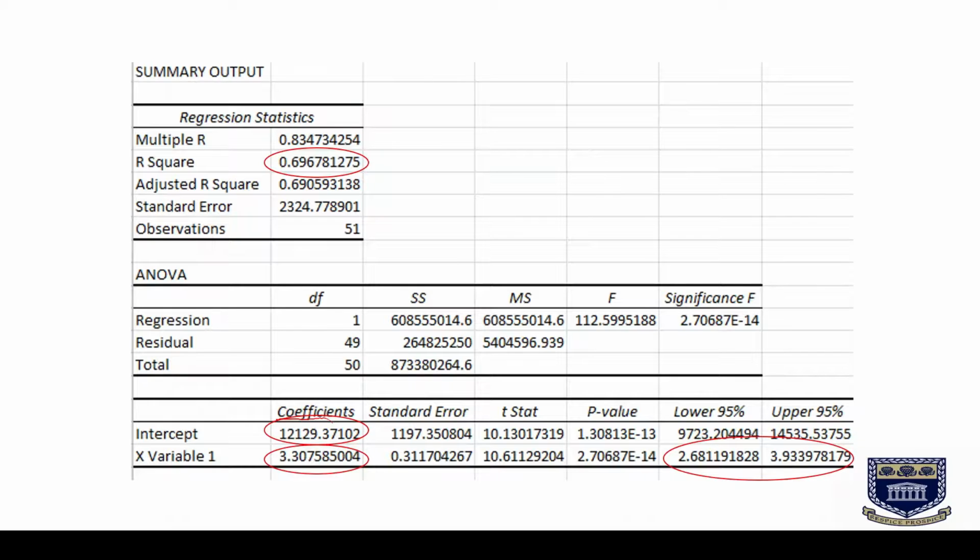What's nice about the Excel regression output is that it also gives you a confidence limit. So you can see at the bottom right here, a 95% confidence interval for beta 2. And just above that is a 95% confidence interval for beta 1.